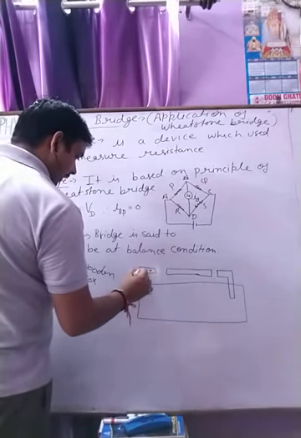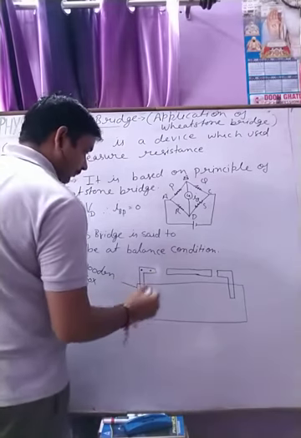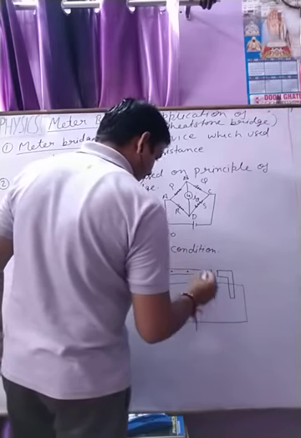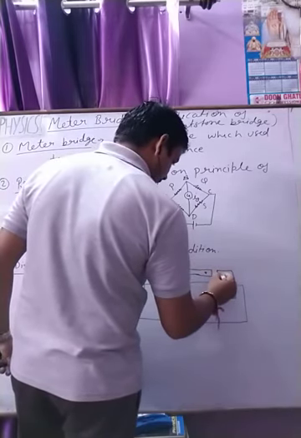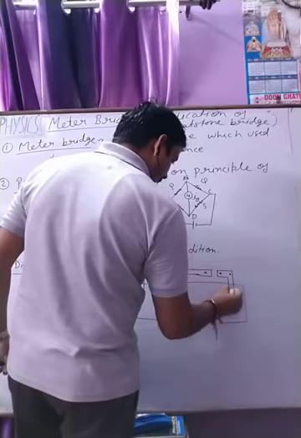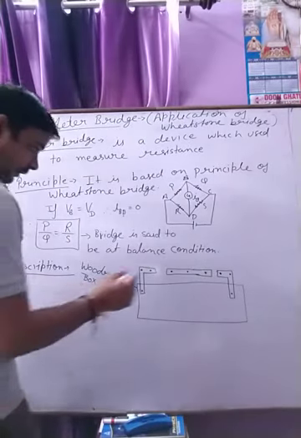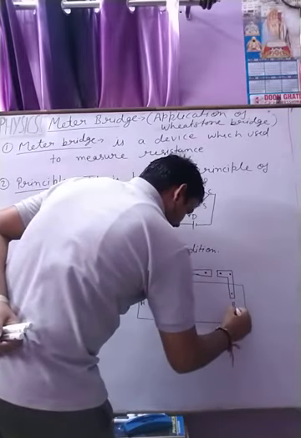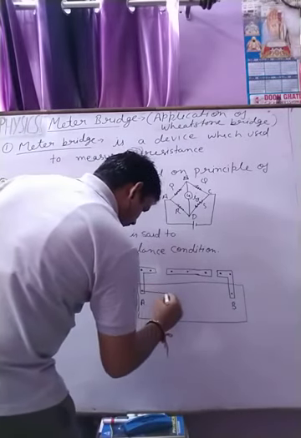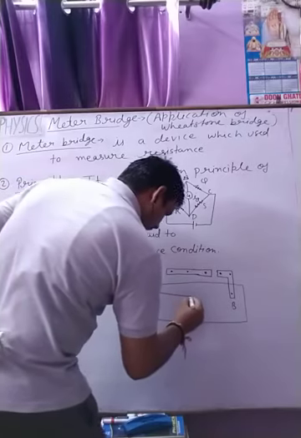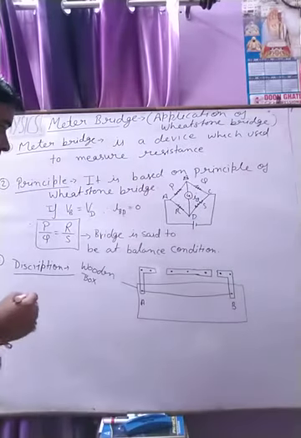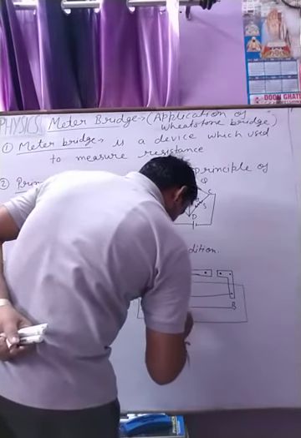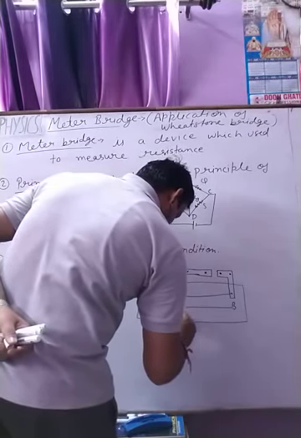At the extreme points, L-type strips, and in between, an I-type strip is connected. Now, it has a 1 meter length wire.